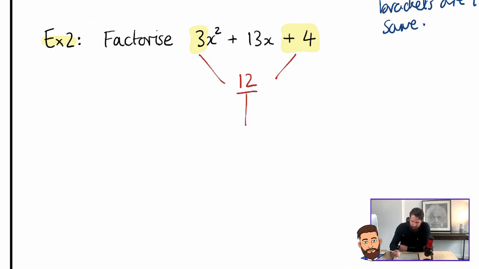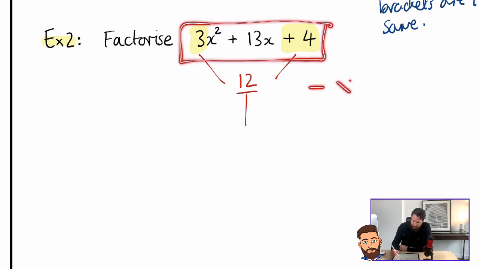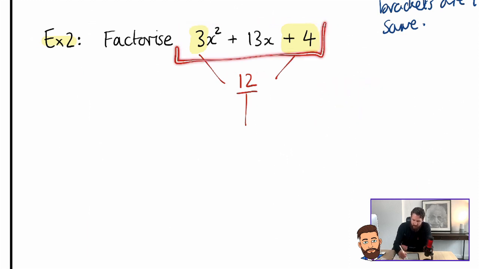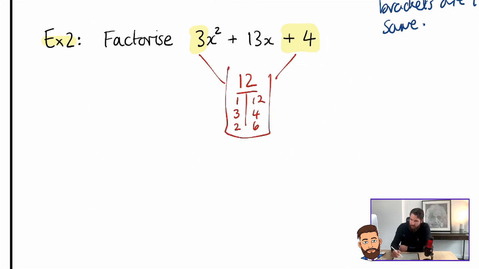What makes 12? Well, again, you can have 2 negatives or 2 positives to make a positive 12. But if I look at my quadratic, they're all positive. Everything is positive. So I'm only going to focus on the positive factors. What makes 12? 1 and 12. And 3 and 4. And 2 and 6. They are my factors of 12 in a positive fashion because it's all positive.